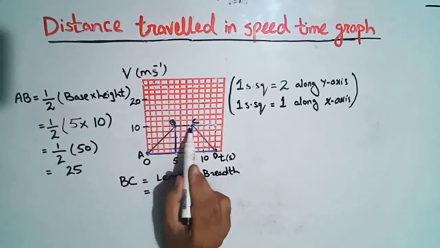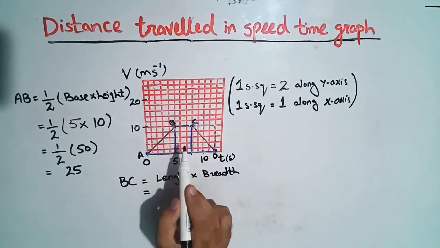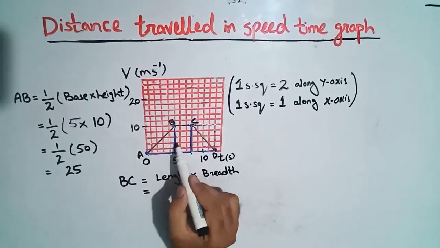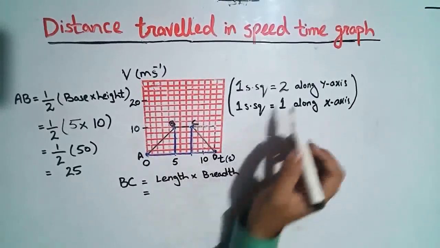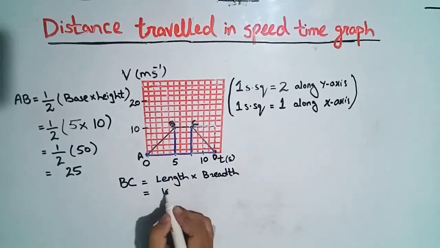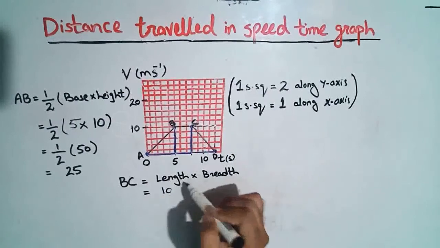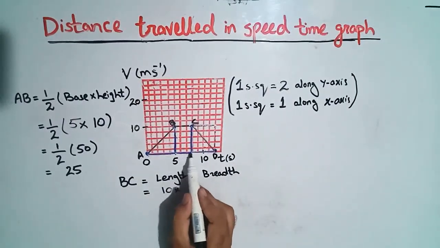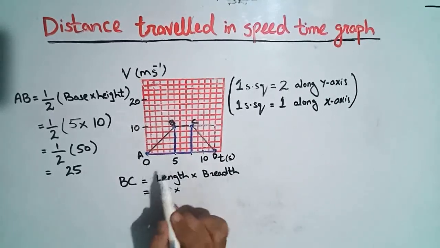You can take this length or this one, it is up to you. 1, 2, 3, 4, 5, if these are 5 lines, every line along the y-axis is of value 2, so the total is 10, because 5 2s are 10.